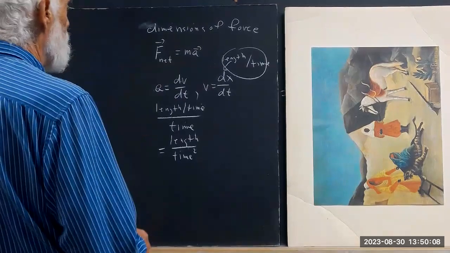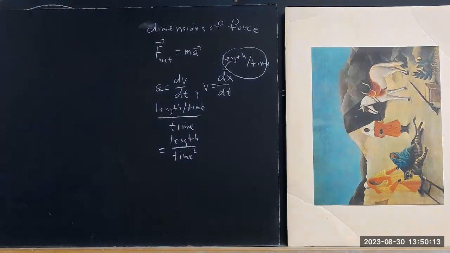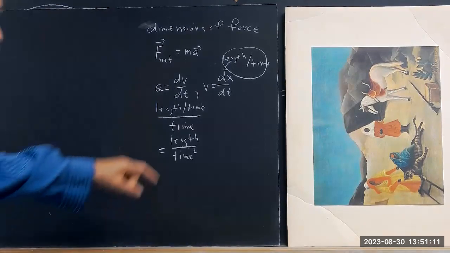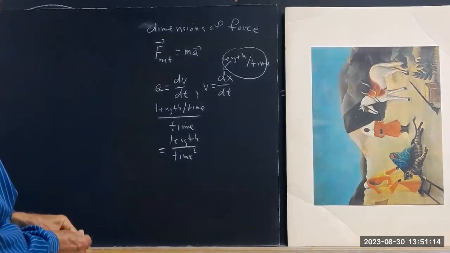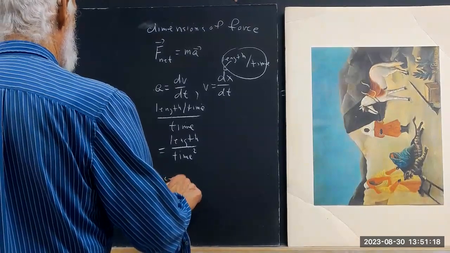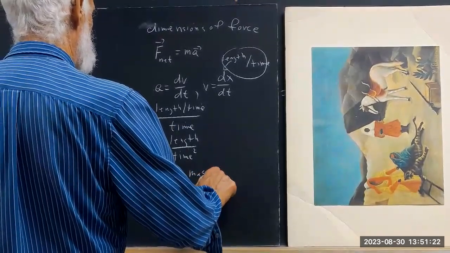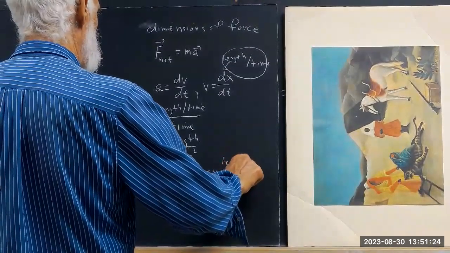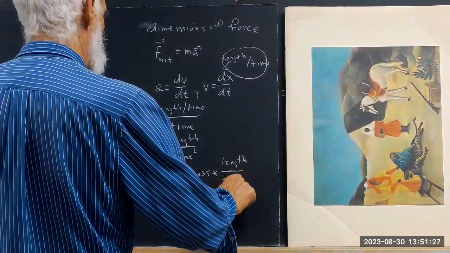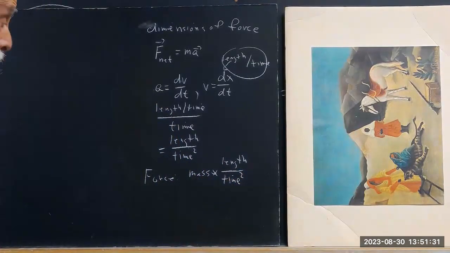Okay, well, that's acceleration. Now, what about mass times acceleration? Somebody want to take a stab at that? Okay, so there's your acceleration. Force will be mass times length over time squared.